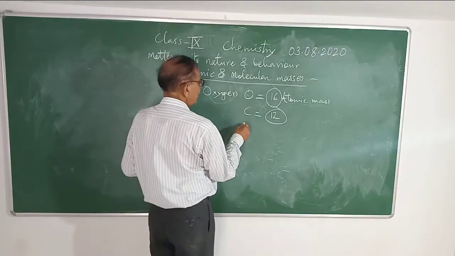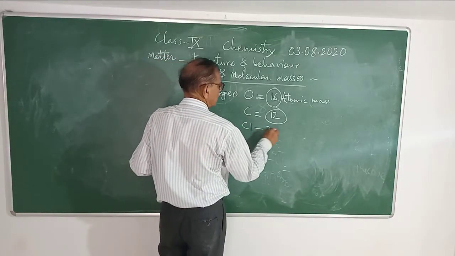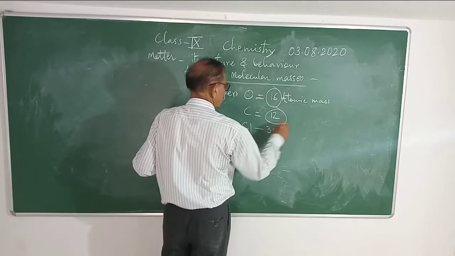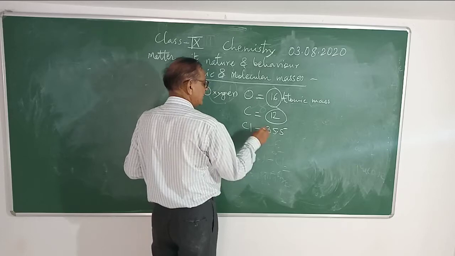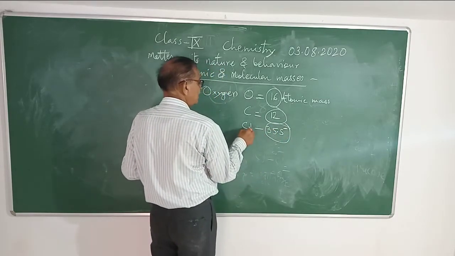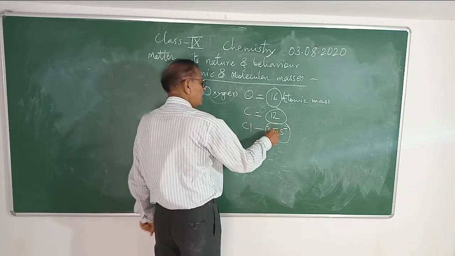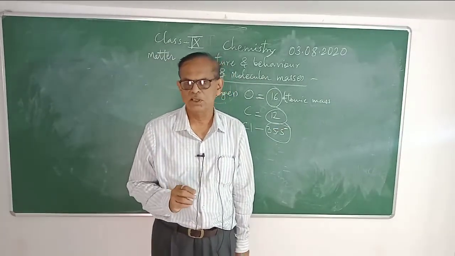And in this way, chlorine, for example: the atomic mass of chlorine is 35.5. This indicates that one atom of chlorine is 35.5 times heavier than one atom of hydrogen.